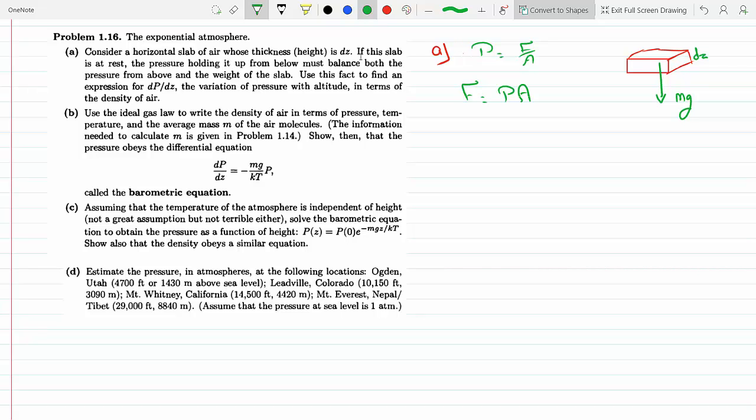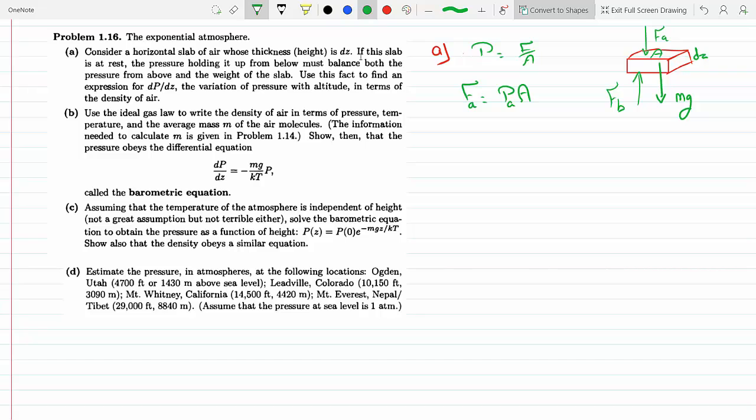So above it, FA equals PA times the area. Above it, this is FA, and below it, this is FB.